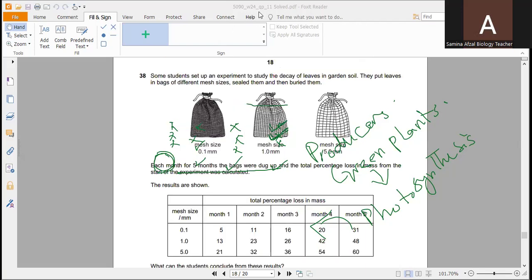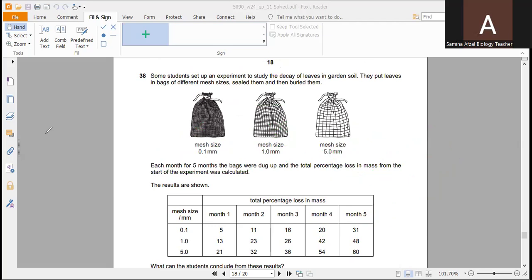Question number 38 is, some students set up an experiment to study the decay of leaves in garden soil. They put leaves in bags of different mesh sizes, sealed them, and then buried them.